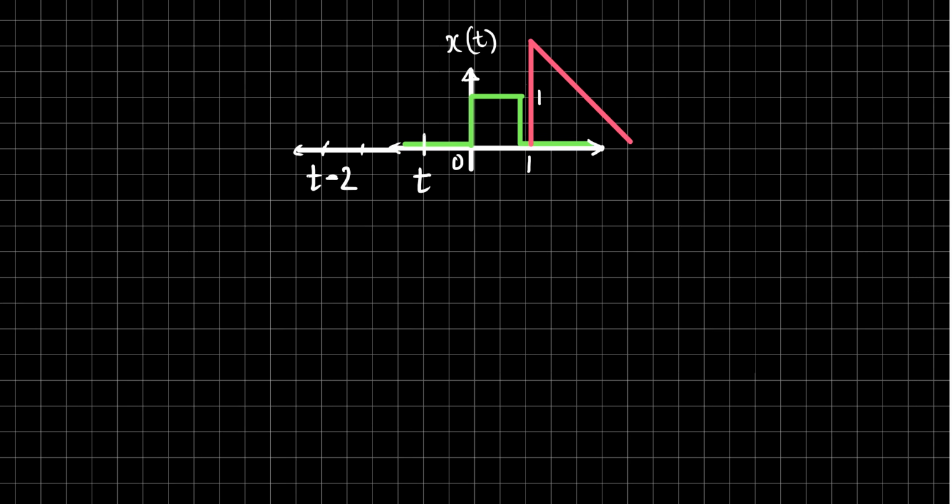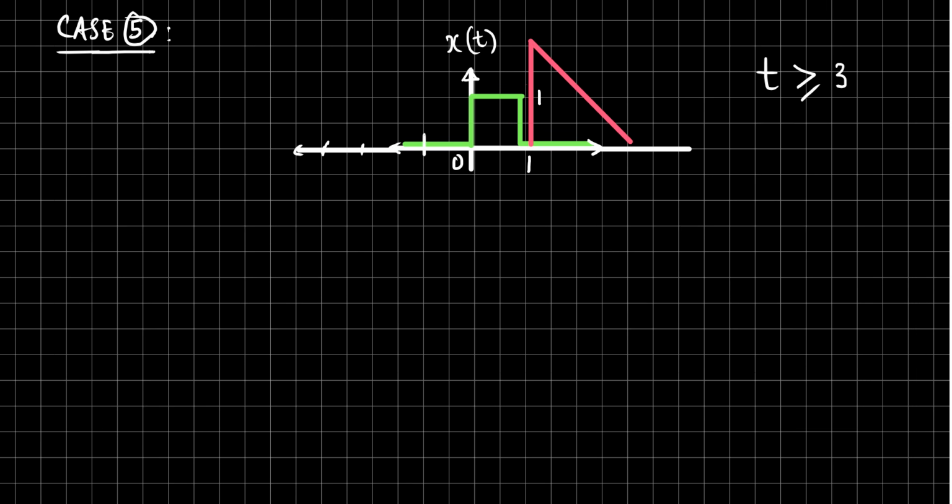Let me extend this axis. So I'm analyzing now the case where this small t is going to be higher. So case 5, I'm analyzing the case where t is greater than or equal to 3.